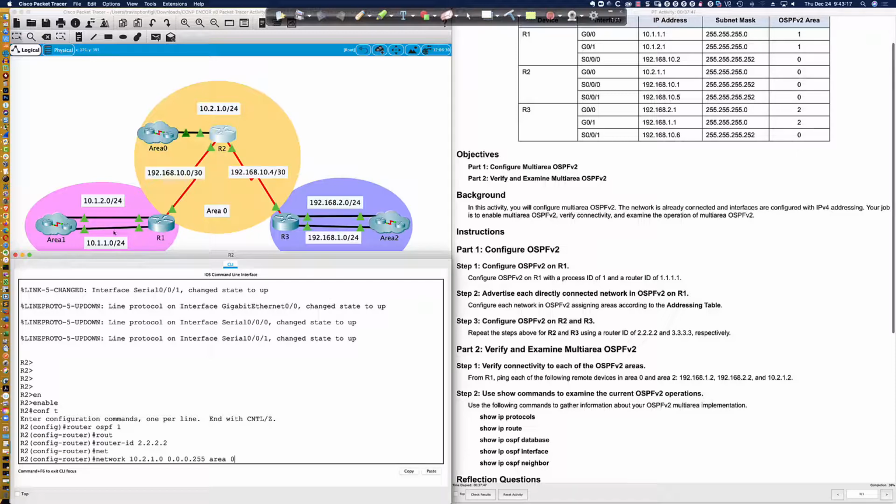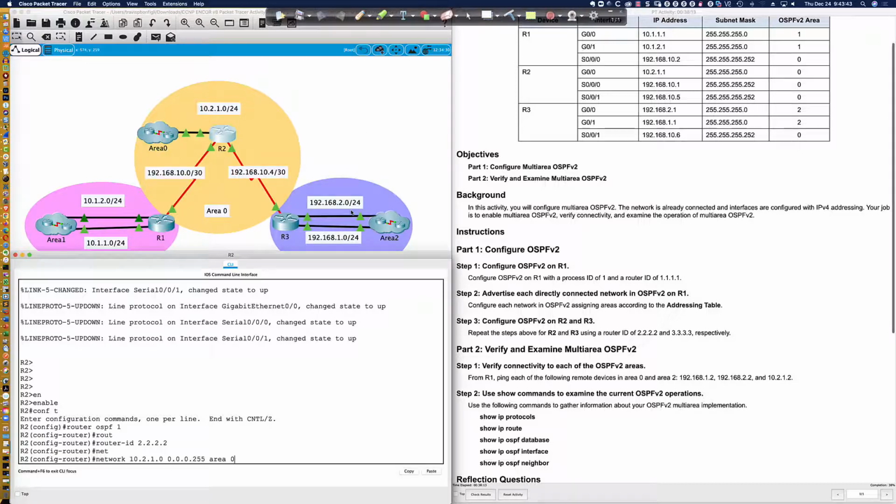And give some thought, and I'll give you the answer later. Why is it that area 1 and area 2, and if we had an area 3 up here and an area 4 over here, why is it that they all have to attach to area 0? Why do all non-area 0 areas traffic have to pass through area 0?